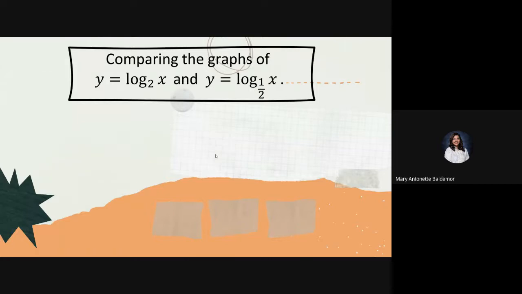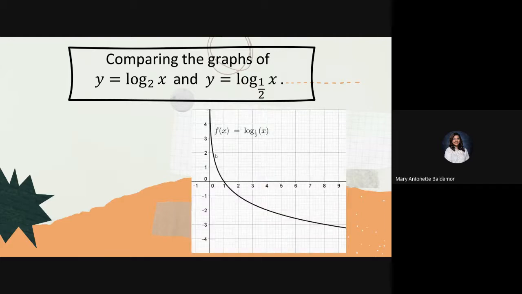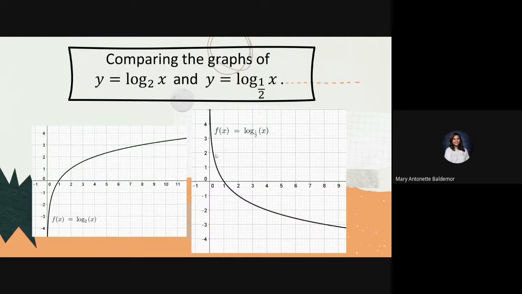To compare the graphs of y is equal to the logarithm of x with base 2 and y is equal to the logarithm of x with base 1/2, they look the same, but they differ in their behavior: the graph of f of x is equal to the logarithm of x with base 2 is increasing, and the graph with base 1/2 is decreasing.